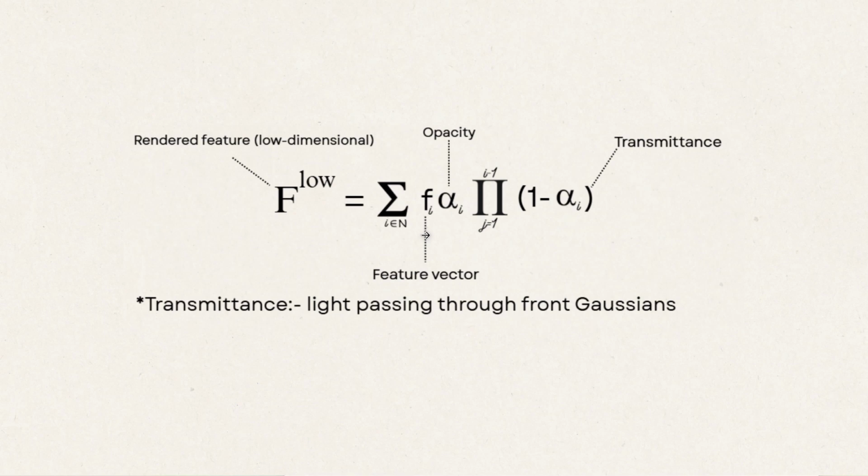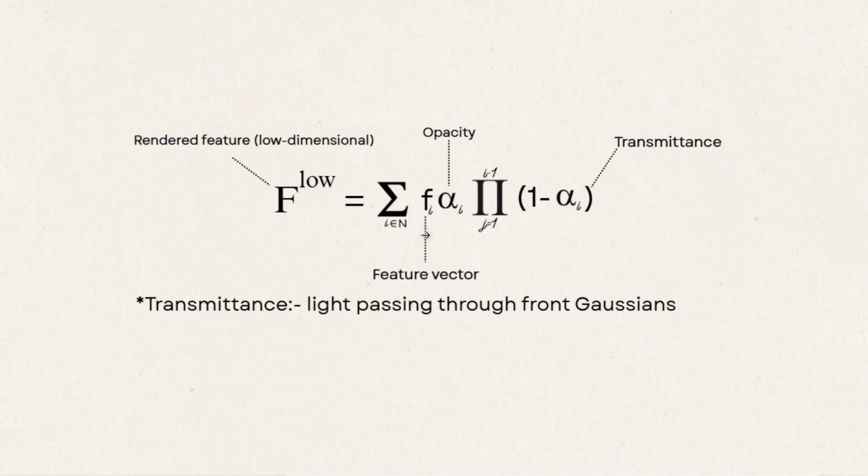Now, when you render a view, multiple Gaussians might overlap on the same pixel. So naturally, the question arises, how do we decide what we see there? Now here, we use the technique of alpha compositing. Don't worry, only the term is difficult.